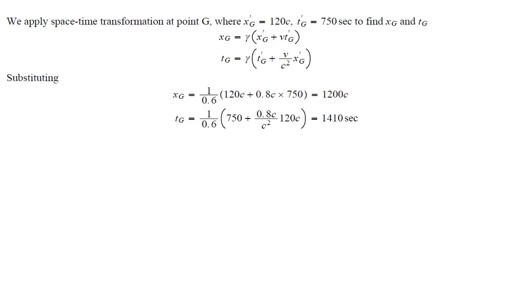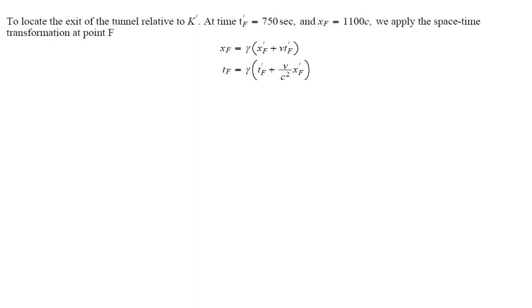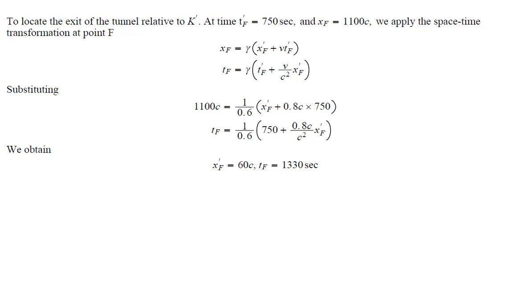Substituting, we obtain xg and tg. At time t'f equals 750 seconds, and xf equals 1100c, we apply the spacetime transformation at point F. Substituting, we obtain x'f equals 60c, tf equals 1330 seconds.